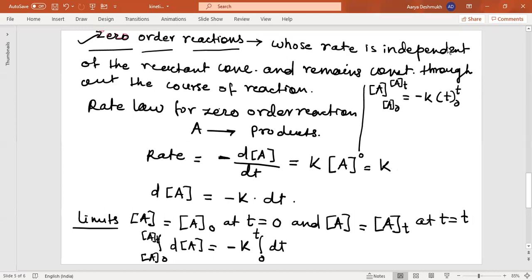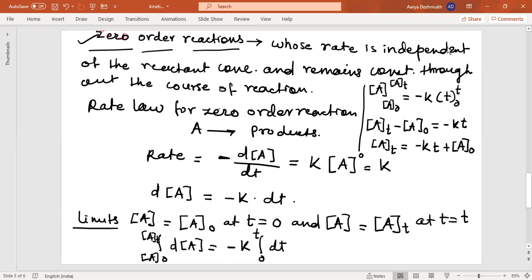Okay. So you can rearrange this equation again this way. At minus A0 will be equal to minus Kt, or you can write the same as concentration of A at time t equals minus Kt plus concentration of A at 0 time.